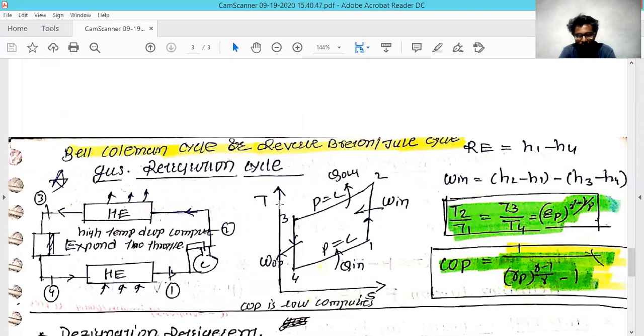So the temperature-pressure relation applies here: T2 over T1 equal to T3 over T4 equal to Rp raised to (gamma minus 1) divided by gamma. And the coefficient of performance of this cycle is going to be 1 divided by (Rp raised to (gamma minus 1) divided by gamma, minus 1).